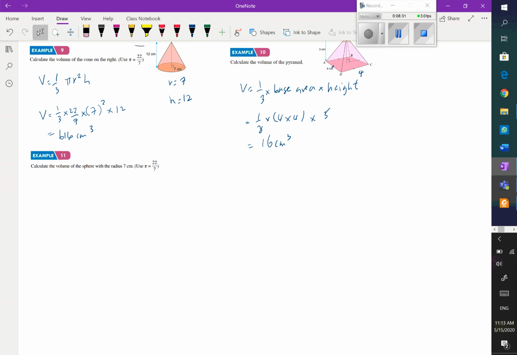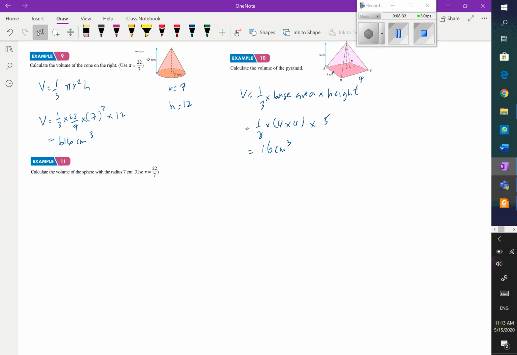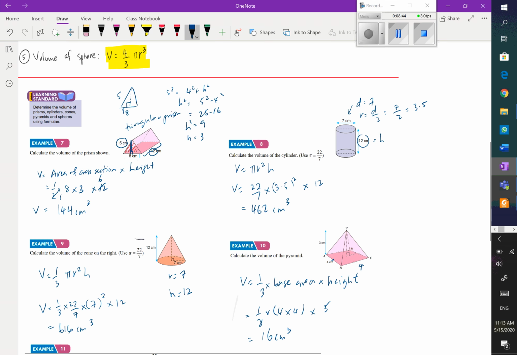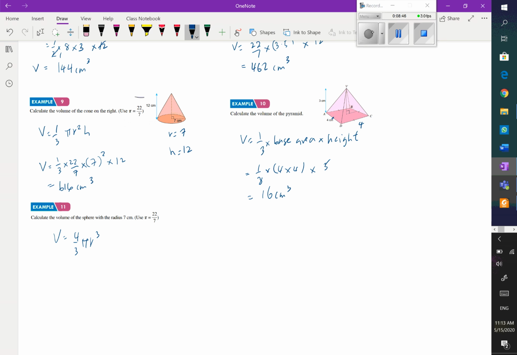Okay, last one. Calculate the volume of the sphere with the radius 7 cm. So apakah volume sphere? V equals to 4/3 pi r cube. So kita hanya perlukan radius sahaja kalau nak cari volume untuk sphere. And dah diberi pun dekat soalan r sama dengan 7. So masukkan dalam formula.